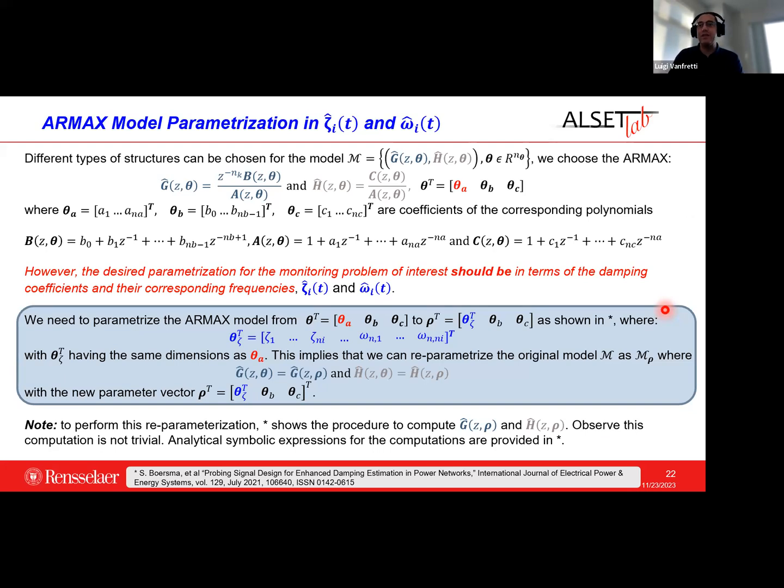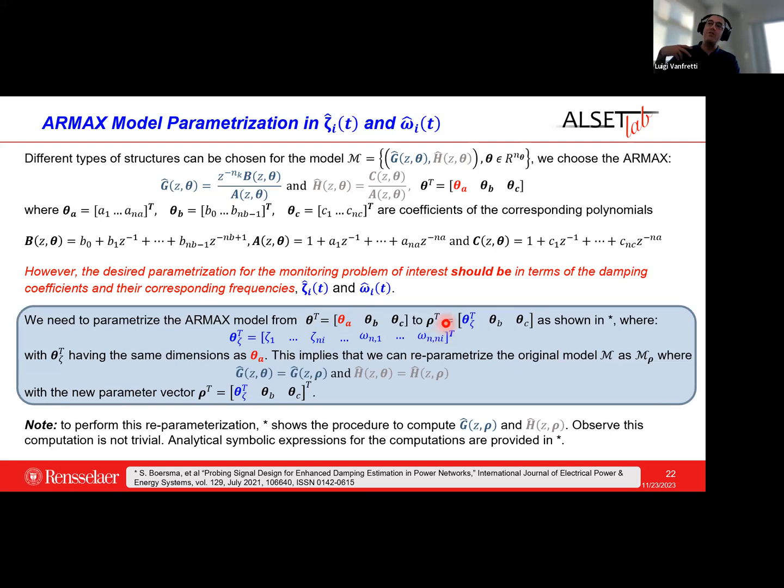So one of the things that one of our collaborators did was to take these transfer functions, and instead of defining the parameter vector theta in terms of the coefficients of the transfer function, in the case of the denominator A0, you have theta A. We represented this instead in terms of the damping and the frequency directly.